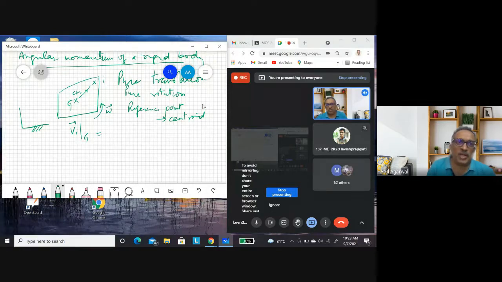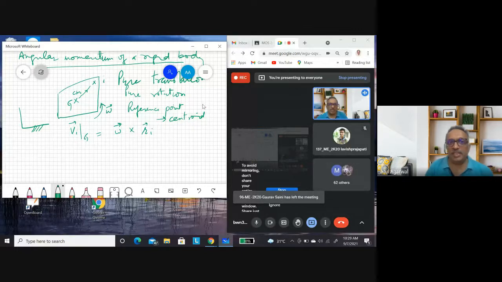The velocity of point I with respect to point G is omega cross, so position vector of the point I with respect to point G. So you can say Ri.